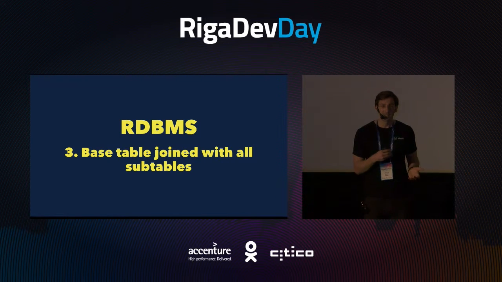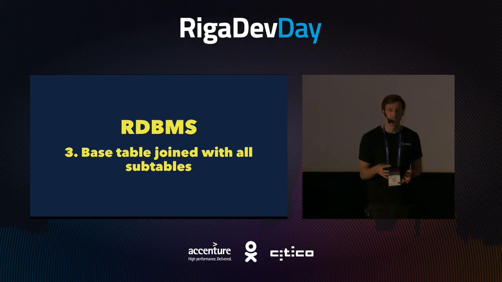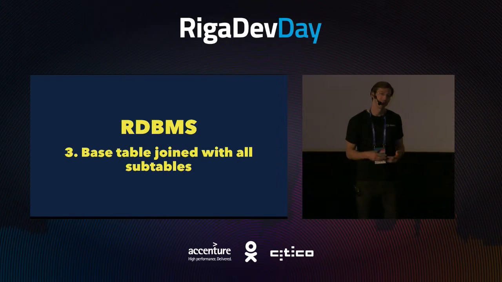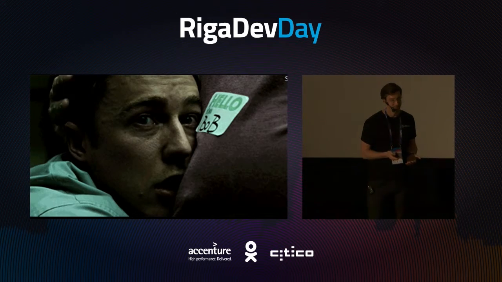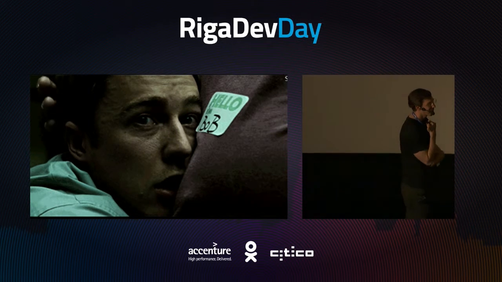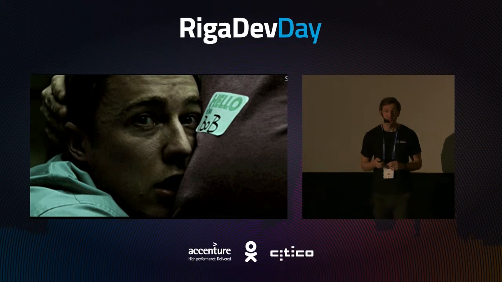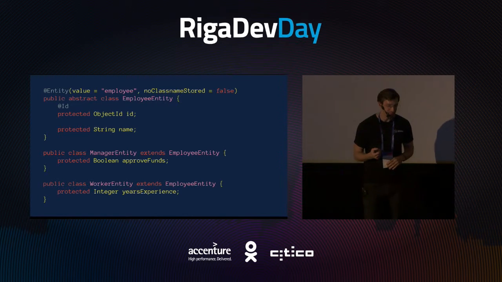But again, you see this impedance mismatch. You just have the data not as nicely structured as in your program, where it's just a worker object, everything is there, I don't have any problems. It doesn't work that well with relational databases. So it's kind of painful. It might get a little better in the short run, but it's not for the long run. So what can we do?